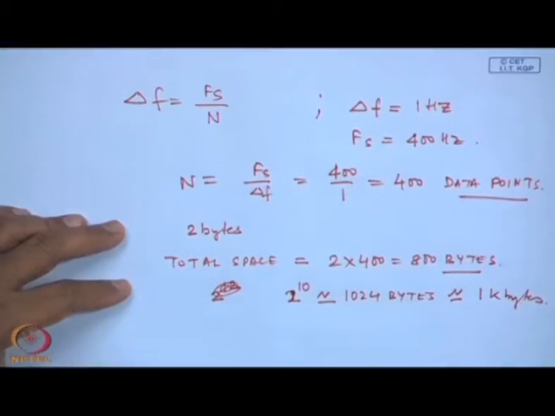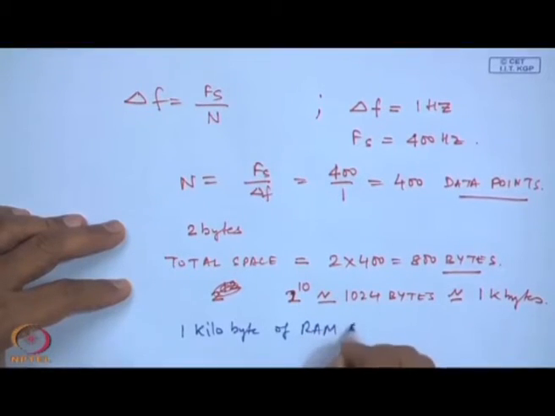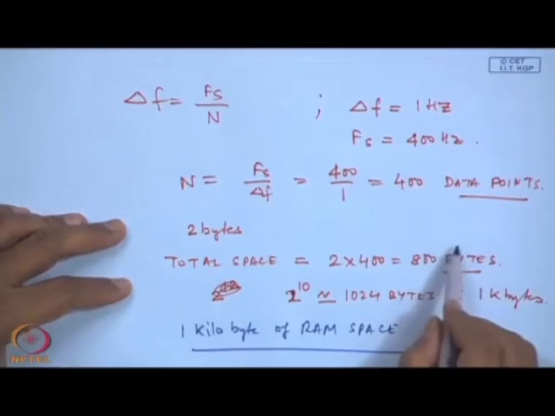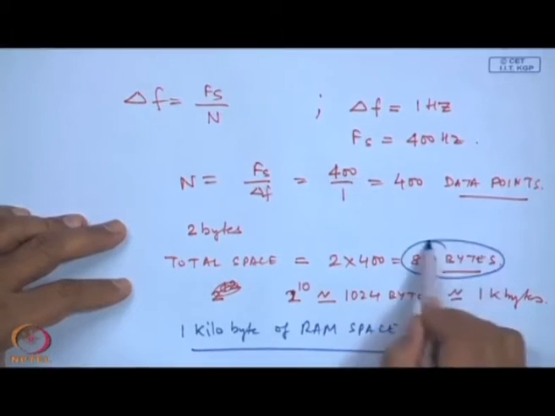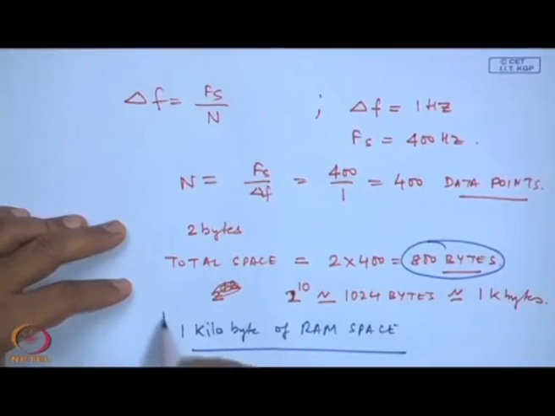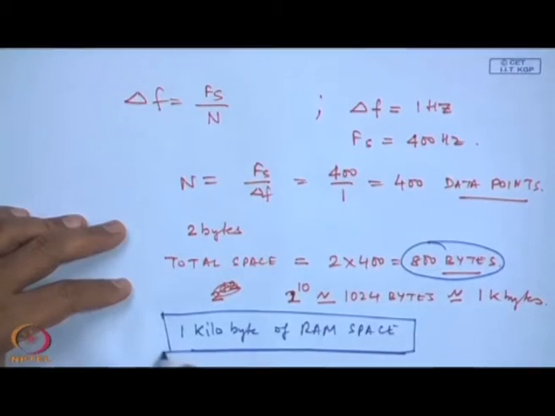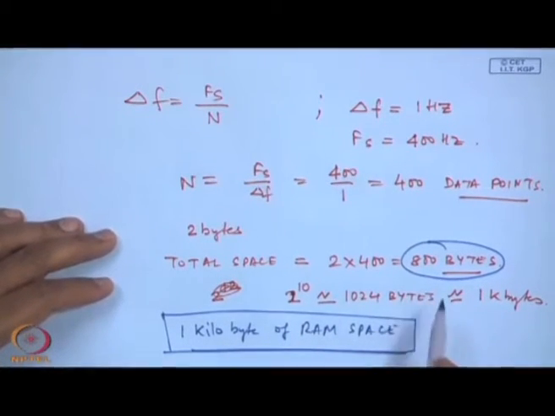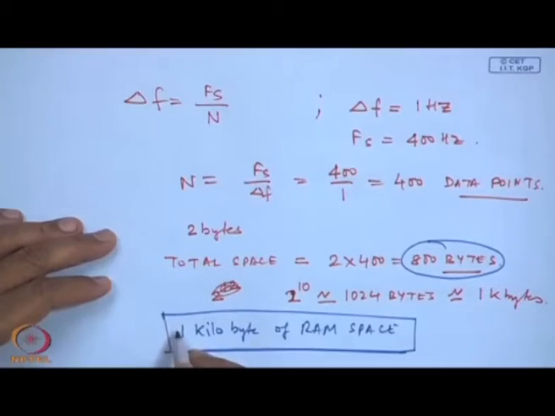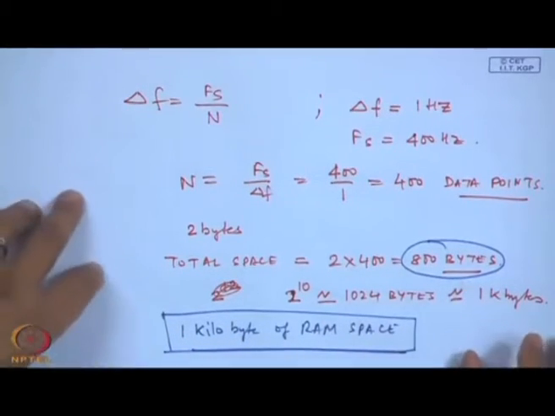So, to analyze such a signal, I will require 1 kilobyte of RAM space. Many times students give the answer as 800 bytes, and I would normally prefer that the answer is actually 1 kilobyte and not 800 bytes, because you will not get 800 bytes of memory in the market.